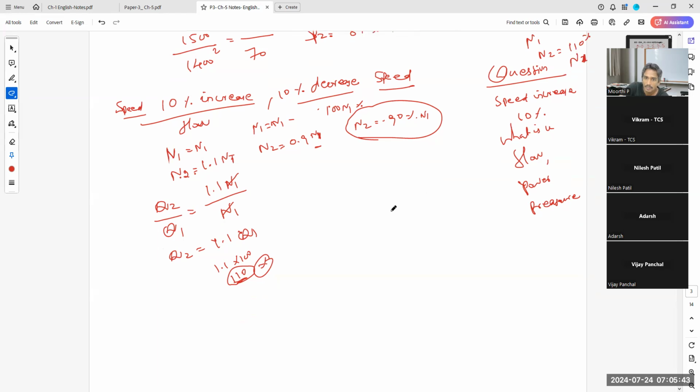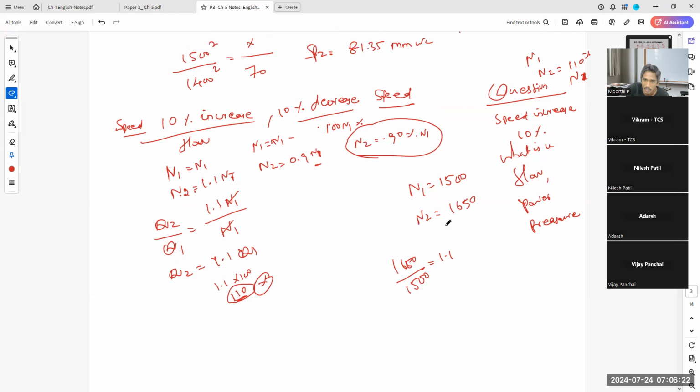That means N1, for example, 1500. With a 10% increase, what will N2 be? N2 is 1650. How much is that relative to N1? 1650 divided by 1500 is 1.1 times.